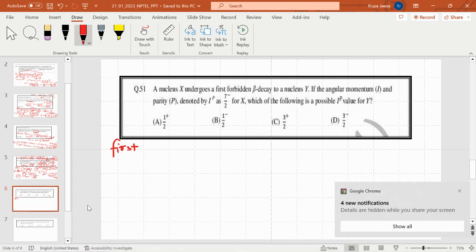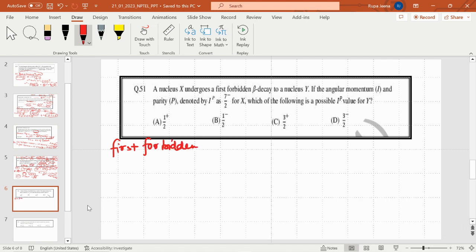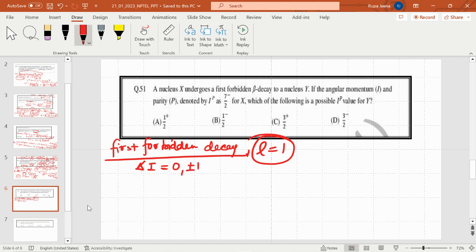So for first forbidden beta decay, L is equal to 1, and the change in overall angular momentum is 0, plus minus 1, and plus minus 2.